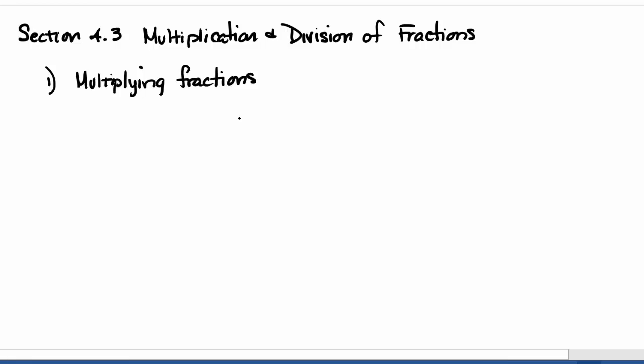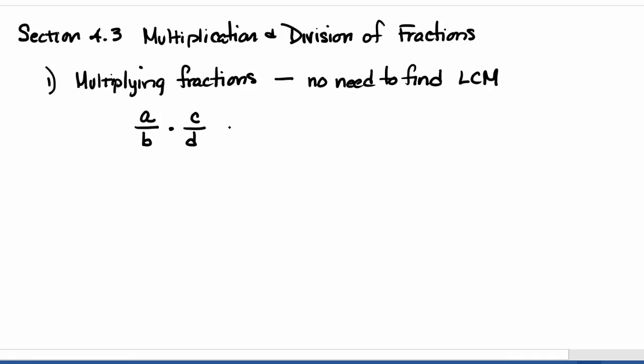Basically, with multiplying fractions, there is no need to find the least common multiple. So you don't have to do anything like when you're adding and subtracting fractions. If you have two fractions, like some number a over some number b times some number c over some number d, all you do is just multiply across.